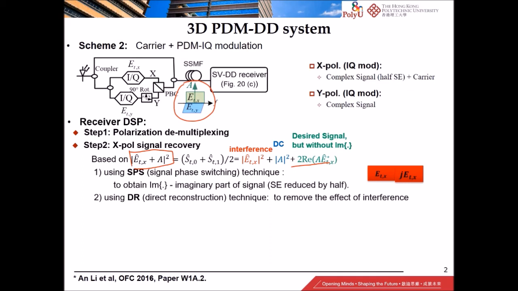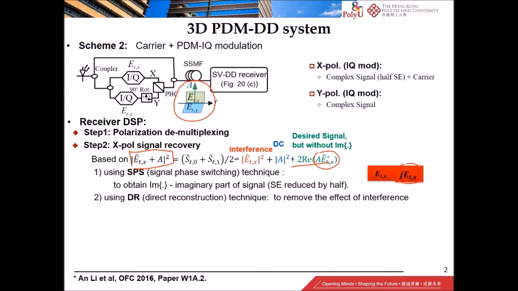Okay, so in this case, we can recover the imaginary part by something called signal phase switching. Essentially, in the second signal block, in the next symbol interval, you will send the original signal in the X polarization, but multiplied by J. So that in the next symbol time slot, you will receive the imaginary part of the beating between the carrier and EX.